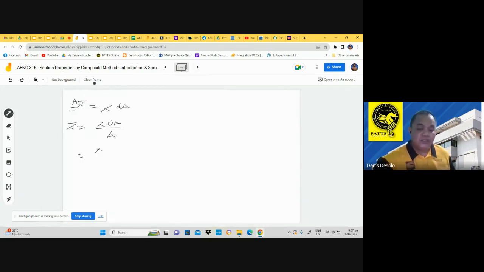I already know what's the area of the element. This one is y differential of x with the same limit as r and 0. Now we are going to replace the x and y in the differential of x.